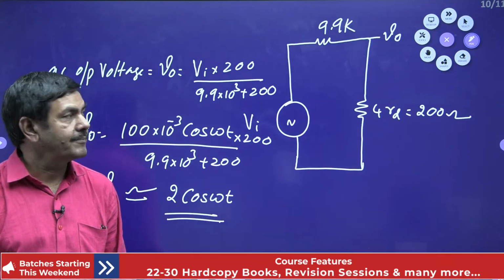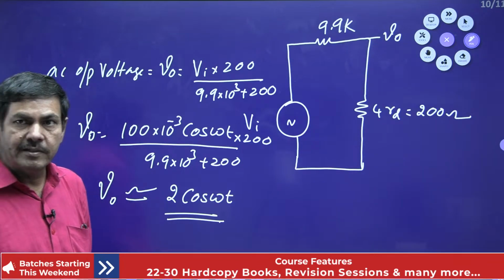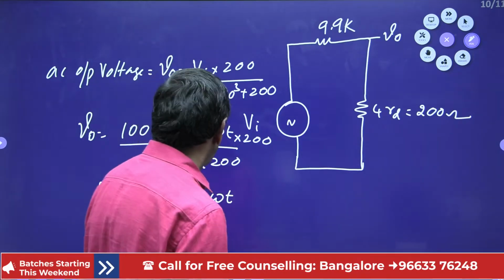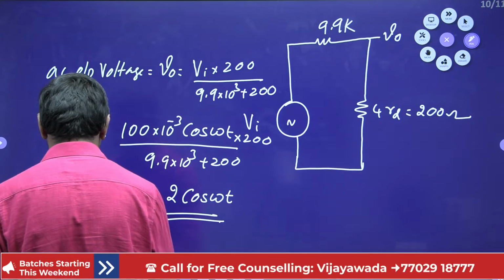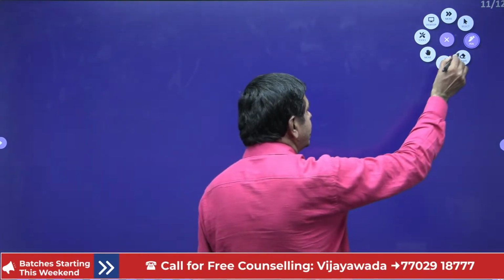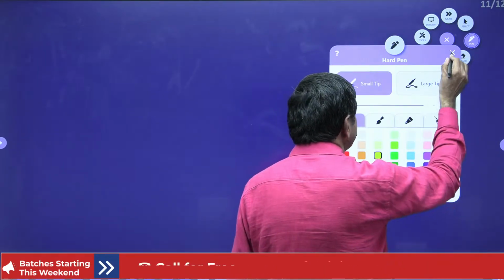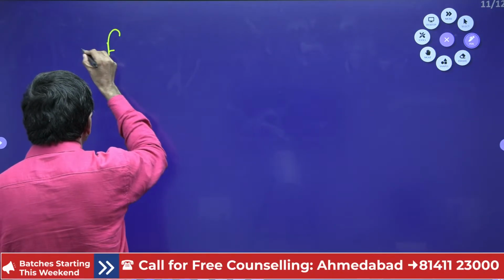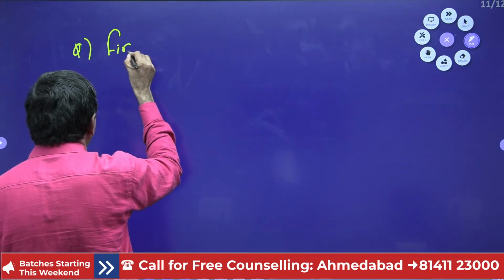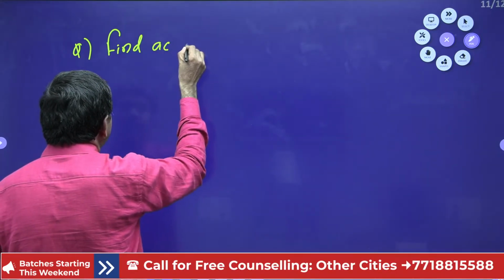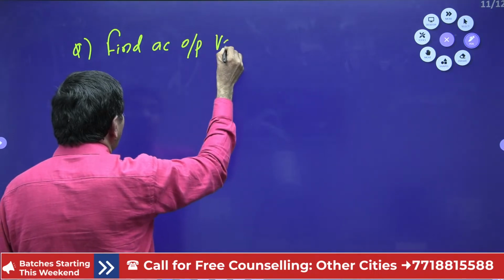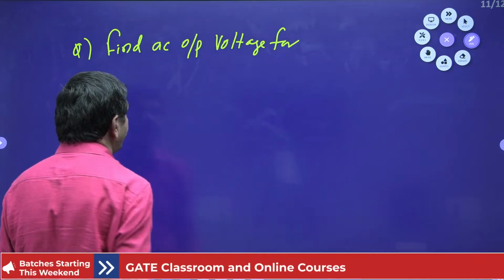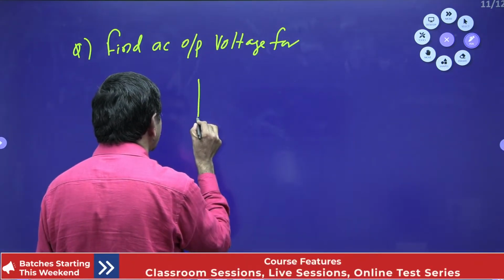And I wish to give one question in your hand. Please try it yourself. I will not give any solution for this now. Just one problem, you can try at home. Same model question with AC and DC. Find the AC output voltage for the network given like this.